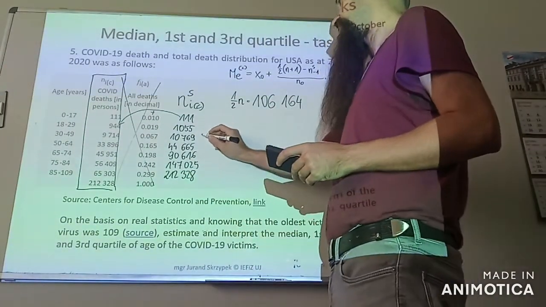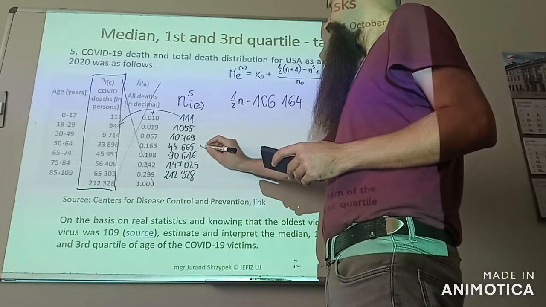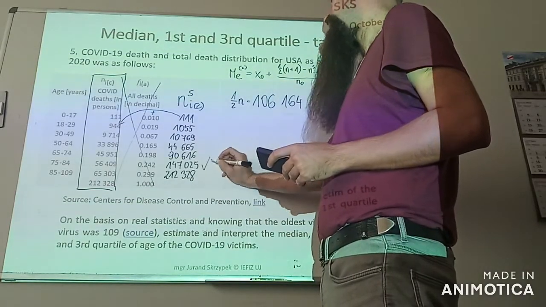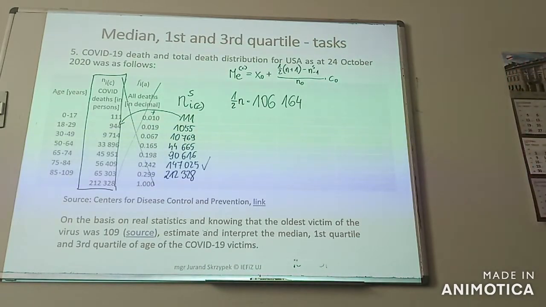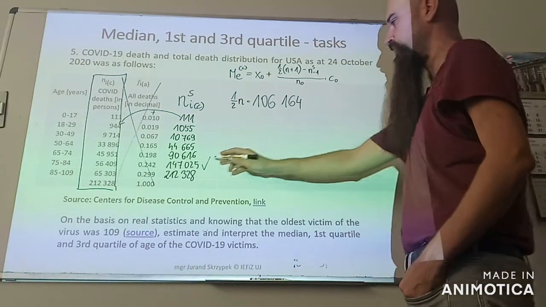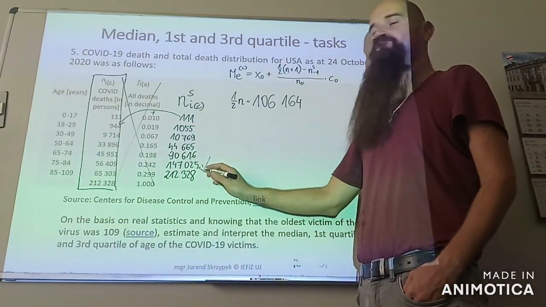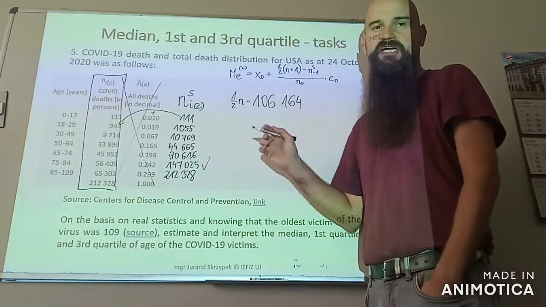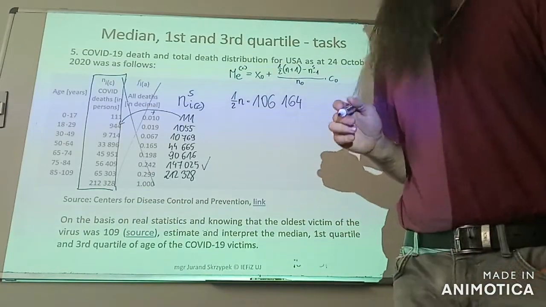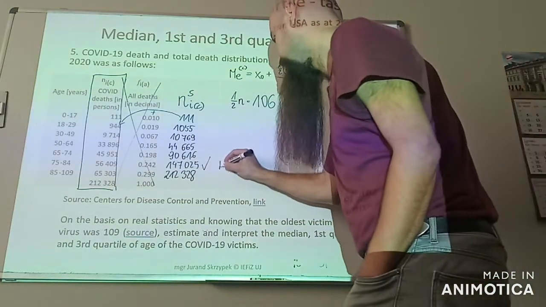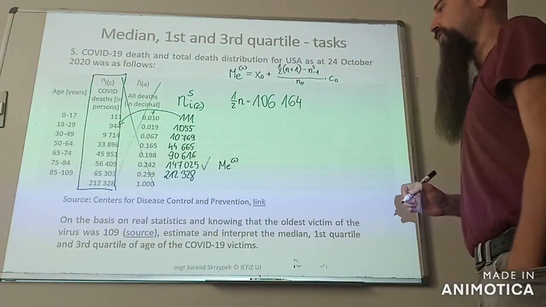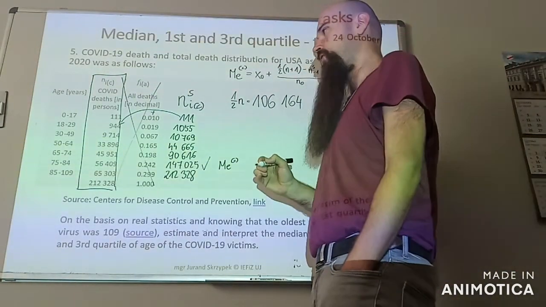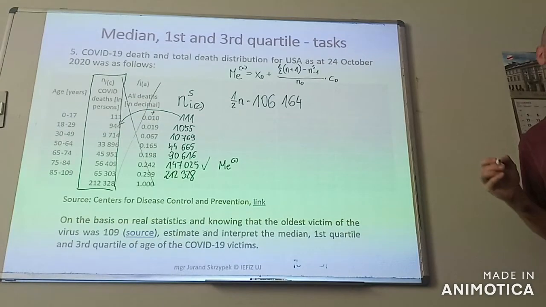No, it's not higher. Yes, here we exceed the half of the population for the first time. Yes, this number is for the first time bigger than this number. So here we have the class of the median of age of COVID-19 victims.